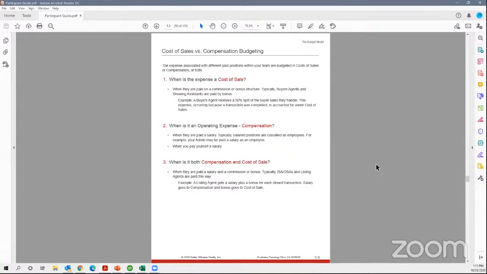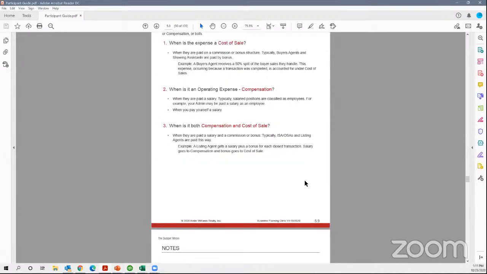But if you're paying out referral fees, bonuses, or a commission split to someone else, that's going to count as a cost of sale. And there are times when it could be both compensation and a cost of sale. That's if they're paid a salary and they get a commission, like an ISA or a listing agent. This question does come up a lot, and that's why I wanted to go back to it.